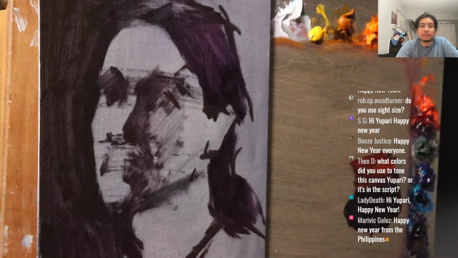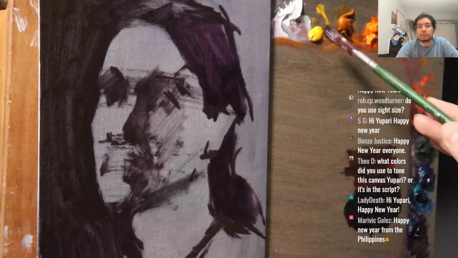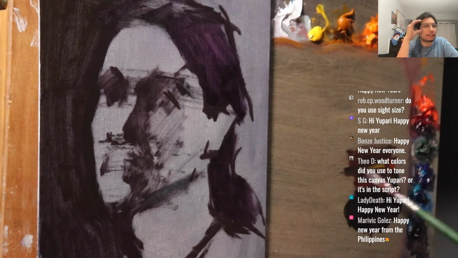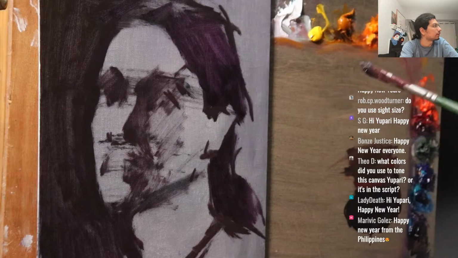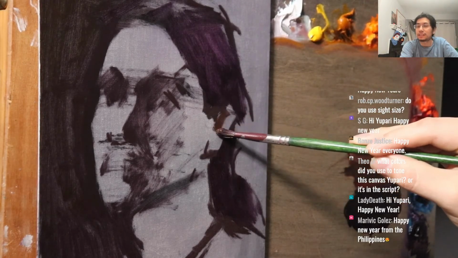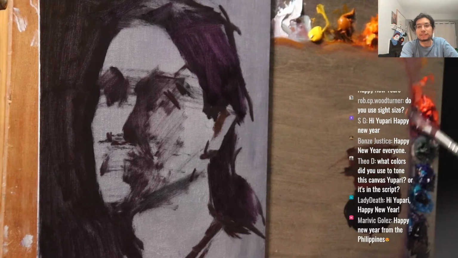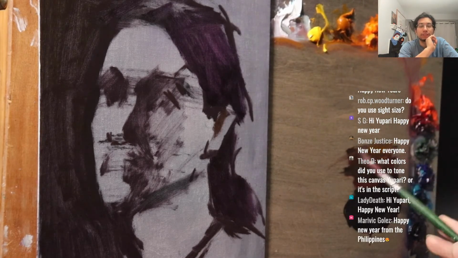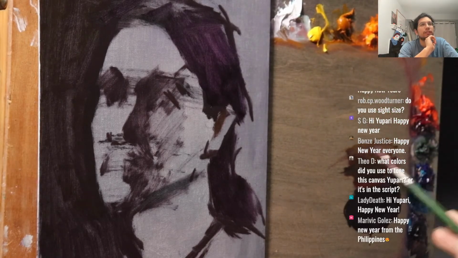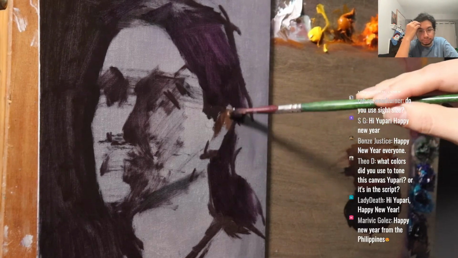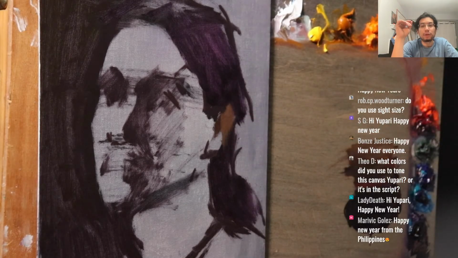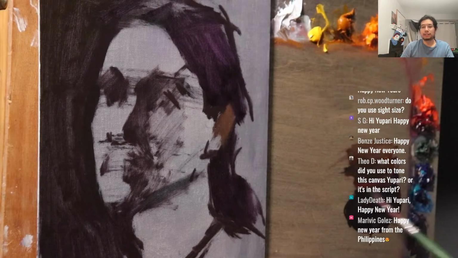I used black and white oil paint with a lead primer. You totally just reminded me, I think I forgot to tone some canvases last week. So it looks like the next video is not going to have a tone on it, or at least I'm going to have to apply a tone prior to painting, which is not that difficult, but it is easier to tone it. So what it is: Williamsburg lead white oil primer, or rather lead white oil primer by Michael Harding, and Alkyd ivory black.